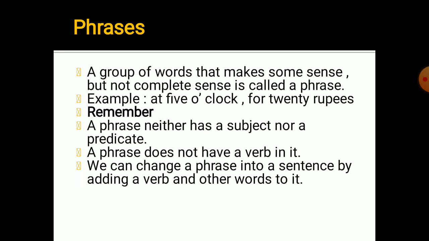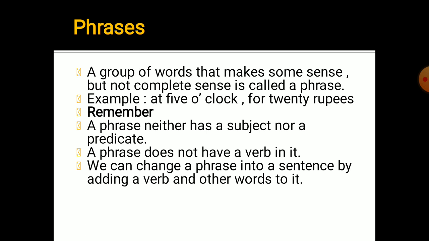Same way for 20 rupees. What to do with the 20 rupees? We don't know anything. But when we say Seema bought a pen for 20 rupees, then it becomes a complete sentence. So children, remember, a phrase neither has a subject nor a predicate. A phrase is simply a group of words.